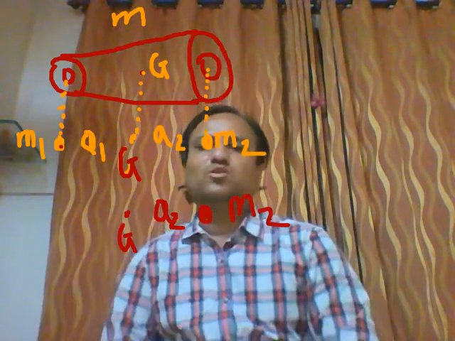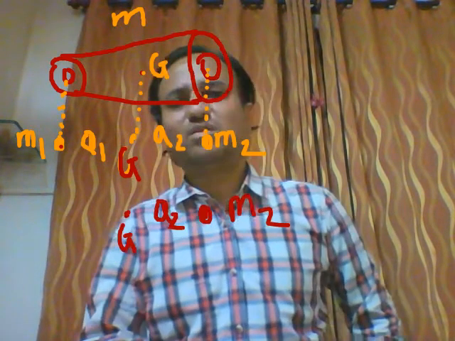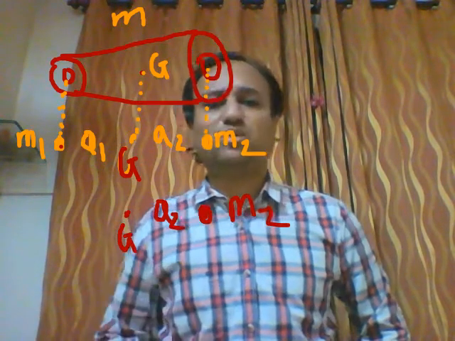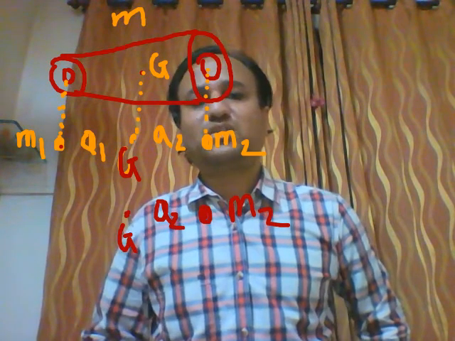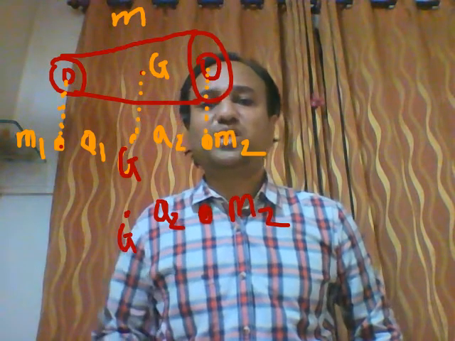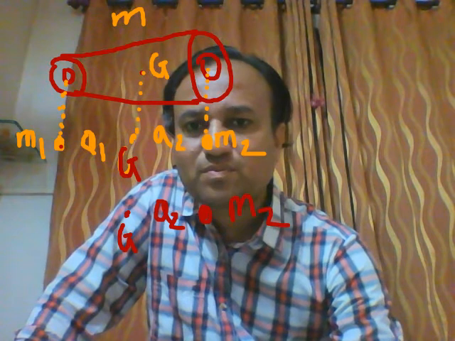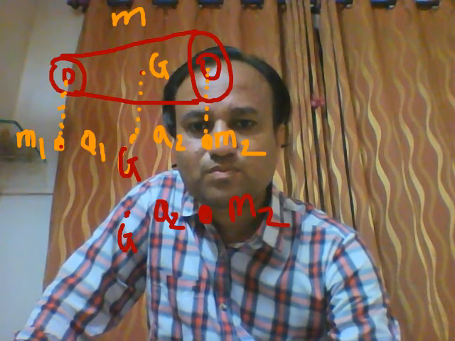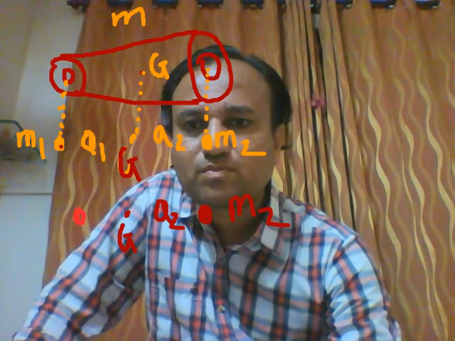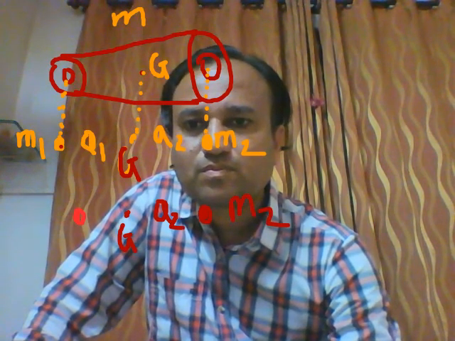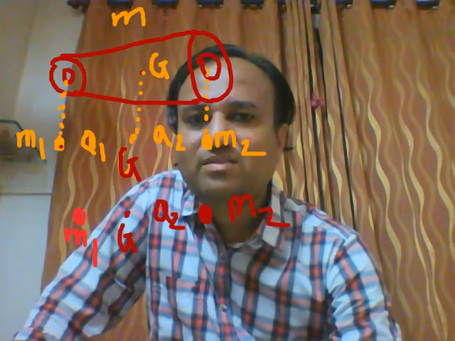So we can decide the location of either the first point mass or the second point mass. Suppose I have considered the position of the second point mass the same as in the previous case. But this first point mass is placed at a distance other than A1.